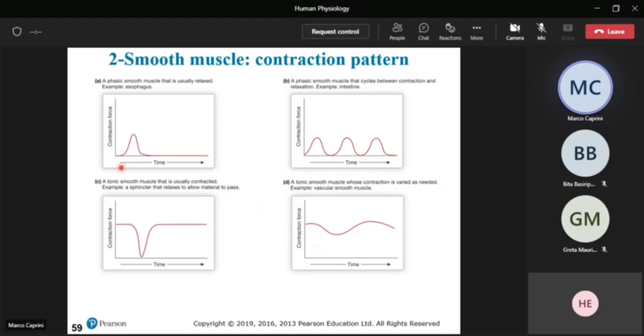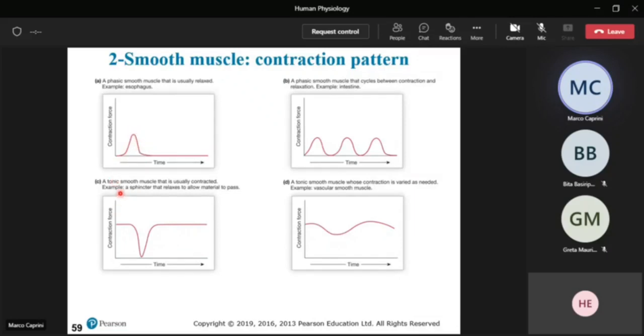A stimulus can start a contraction in the phasic smooth muscle cell, but this muscle is usually relaxed. With time the muscle goes into the contraction state and then into the relaxation state here.